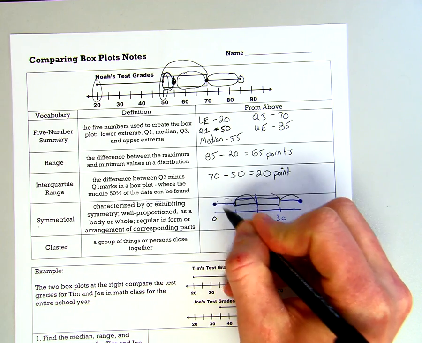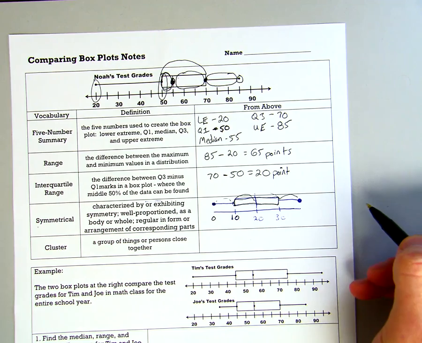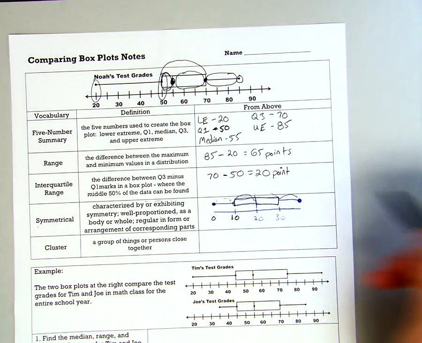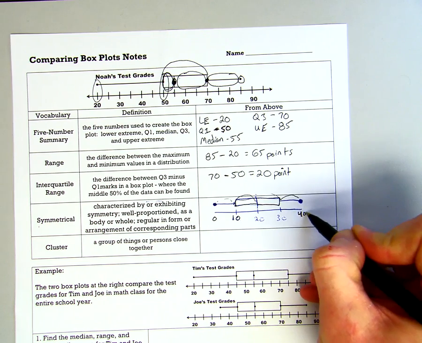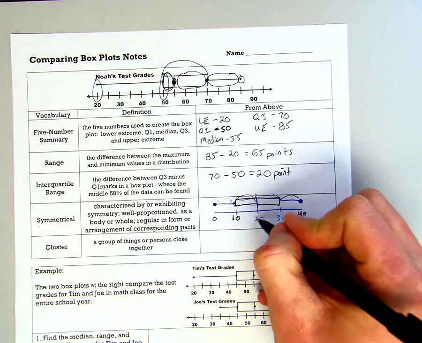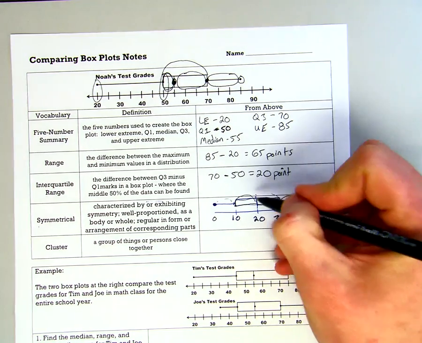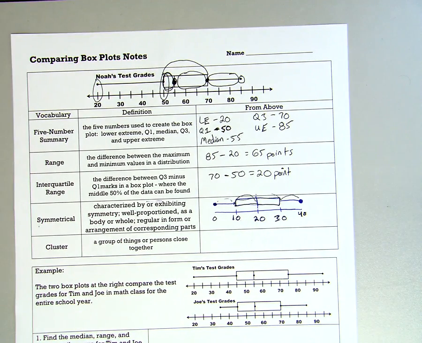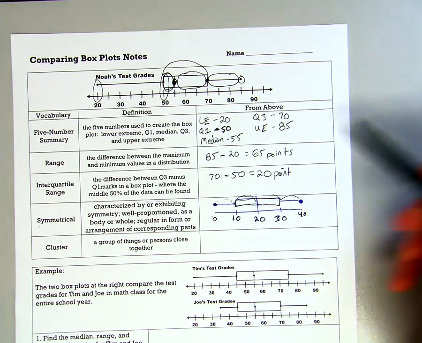You go from 0 to 10 would be 25% of the data, 10 to 20 another 25%, 20 to 30 another 25%, and then 30 to 40 would be my remaining 25% of the data. My median would be exactly in the middle, exactly 20. 20 is directly in between 0 and 40.